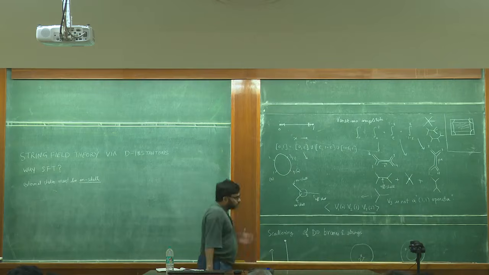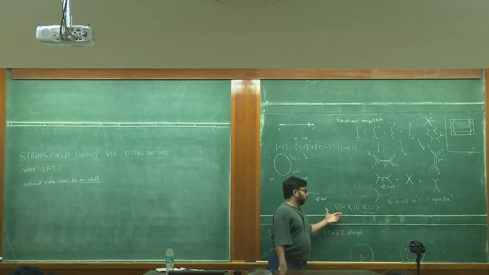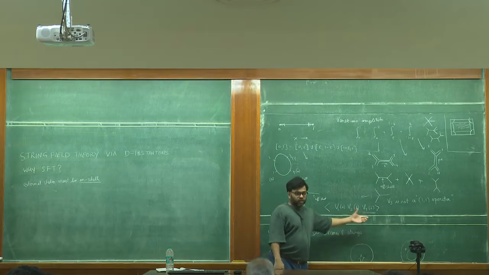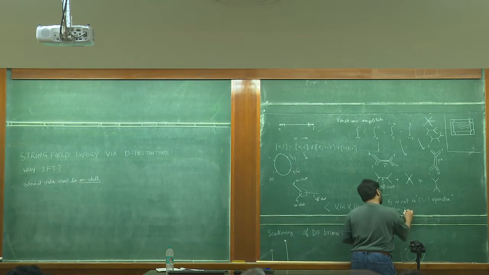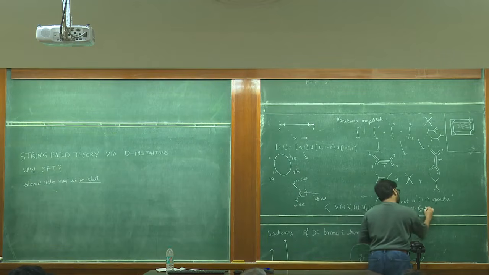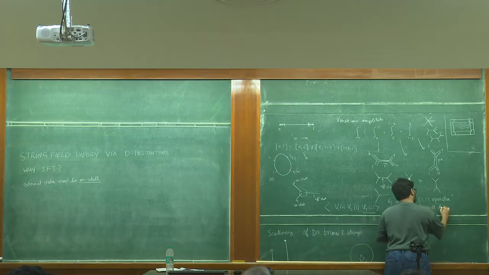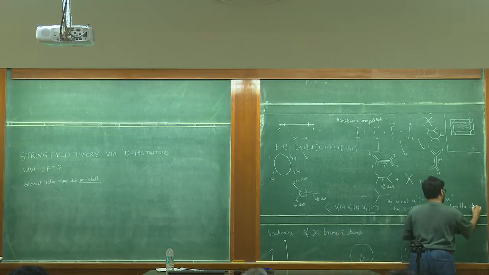So what that means is that this correlation function, as a CFT object, will depend on the coordinates that you used to write your Riemann surface. So this 3-point function will depend on the choice of coordinates.